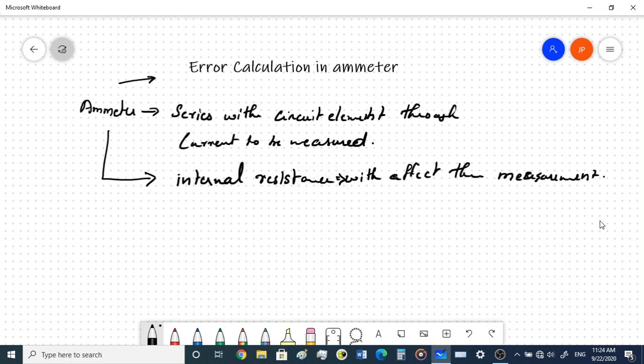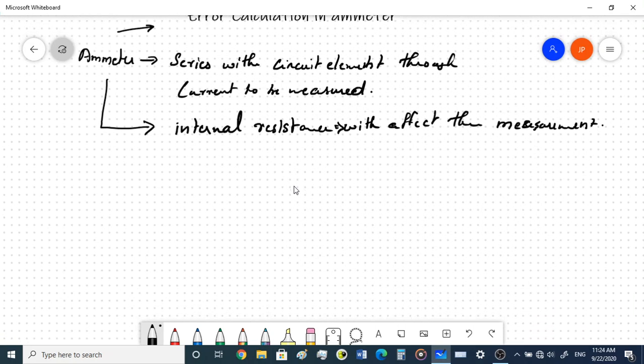That is the major problem over here. Depending upon the internal resistance, we'll have certain errors in the measurement, and we are going to address those errors, look at how much this quantity would be, and how it can be minimized in any circuit. That is our major aim.